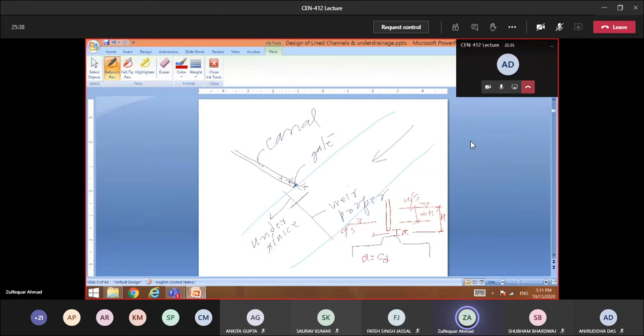CD is the discharge coefficient, A is the area. But this CD may be represented as a function of delta H, or what is being done is, in place of H, we can write here delta H.